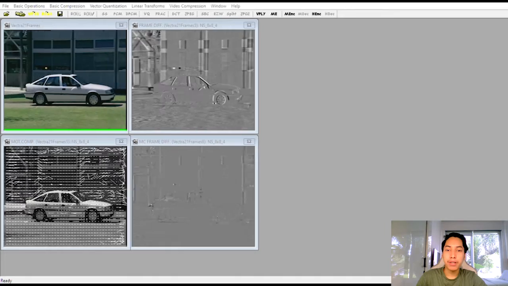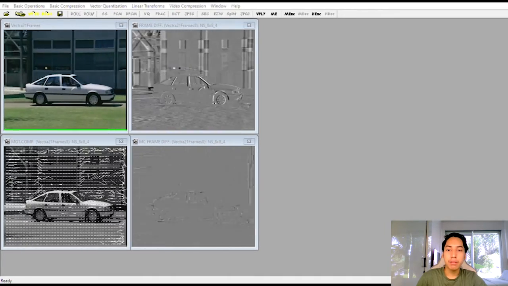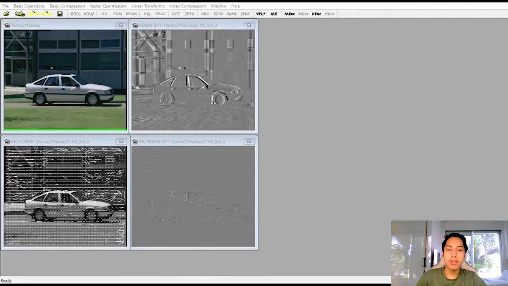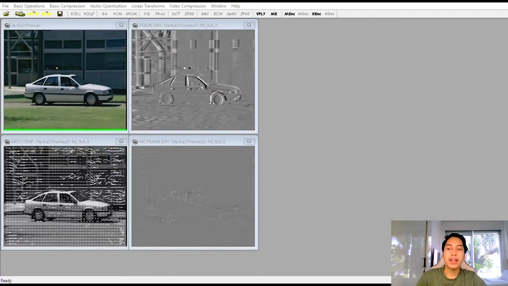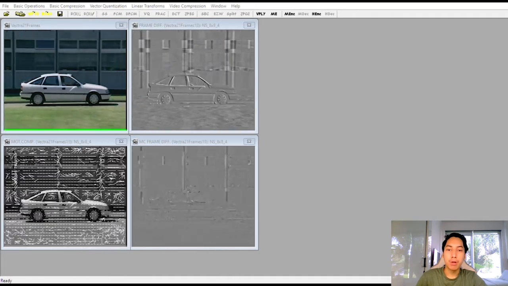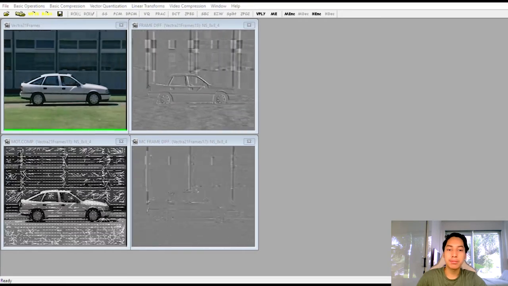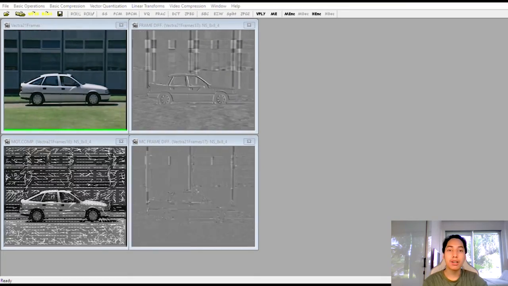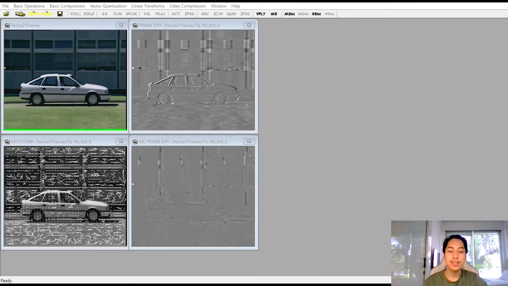The bottom left window is the vector field, and the bottom right window is the motion compensation frame difference. So by seeing this demonstration, I hope you get the idea of motion vectors.